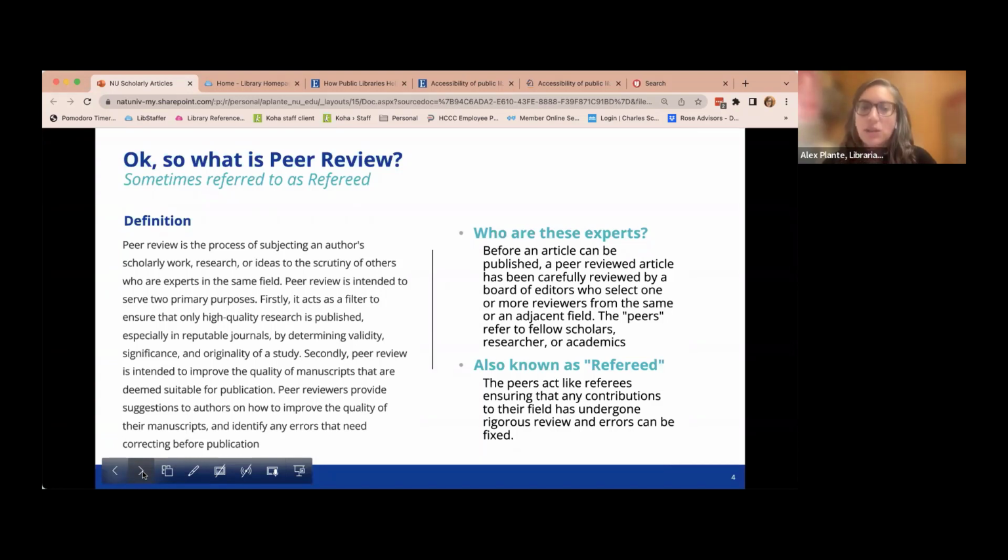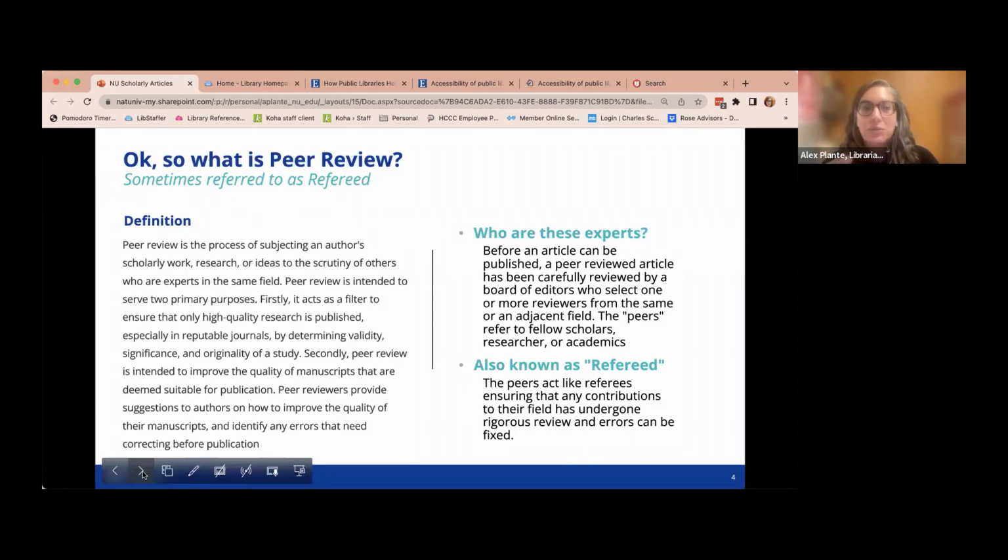Secondly, peer review is also intended to improve the quality of the manuscripts, articles that are coming through. So once something has been deemed, this is good work, there's a solid foundation here, oftentimes what peers are doing is they are asking for additional revisions. They're asking the original writer to maybe explain something a little more thoroughly.